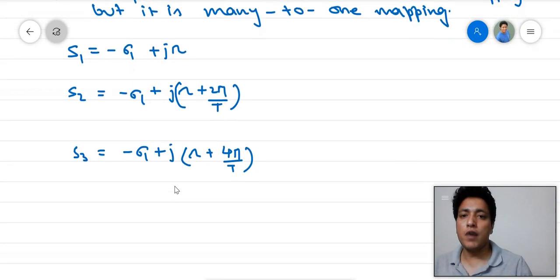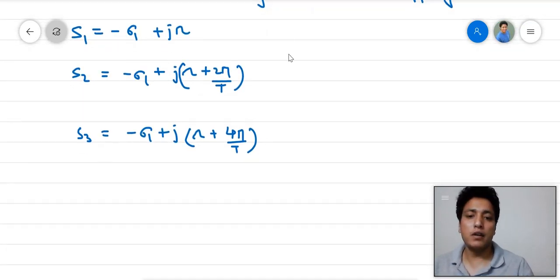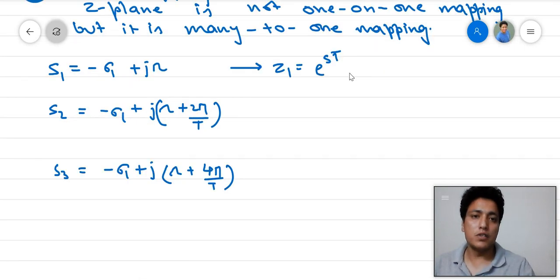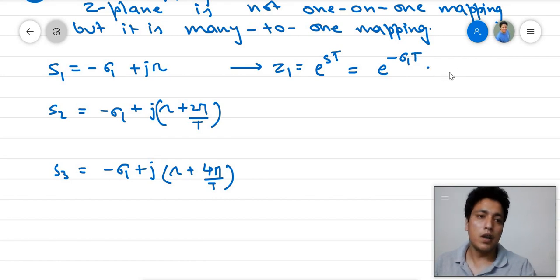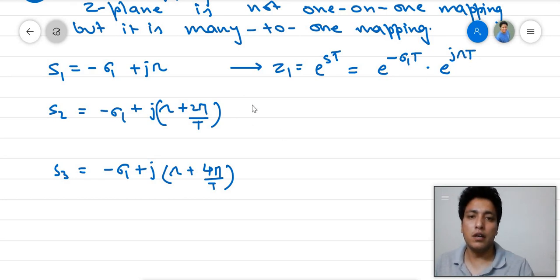Then the equivalent mapping in the Z domain will be Z1 equals exponential S1 t, which is equal to exponential minus sigma 1 t into exponential j omega t, right?